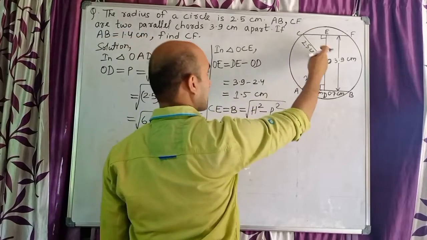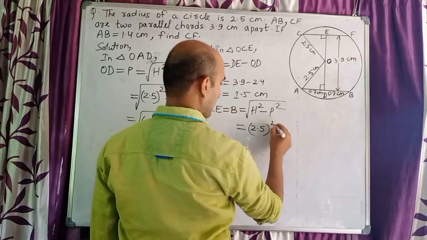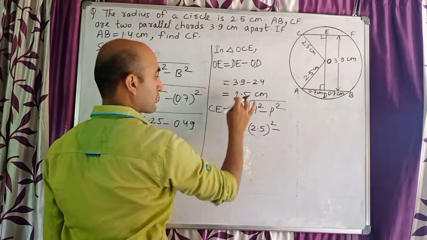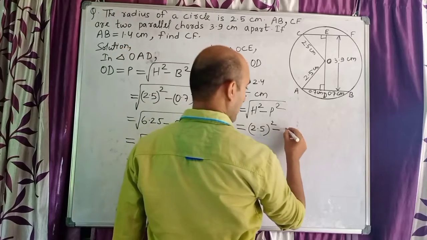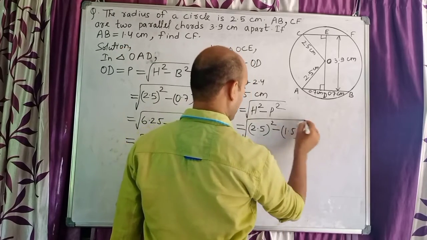Now who is h here? H is 2.5 whole square, and perpendicular, just now I said, OE, and its value is 1.5. So 1.5 whole square, and this is root over.